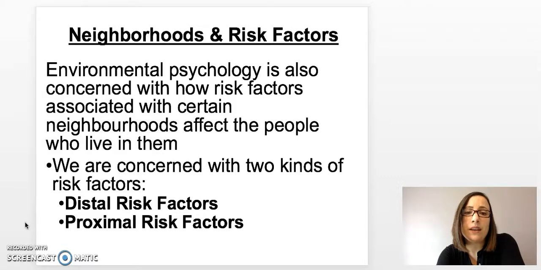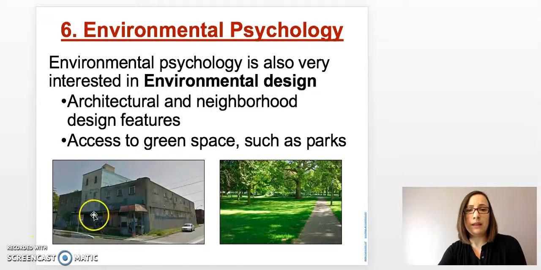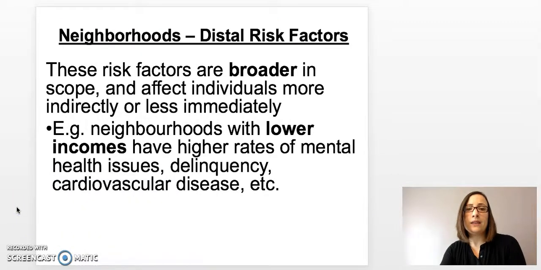Now, the two kinds of risk factors that you're seeing here at the bottom of this slide are distal and proximal risk factors. So a distal risk factor would be a risk factor that's a little bit broader in scope, would affect someone a little less directly or immediately. So what we know is that neighborhoods with lower incomes, neighborhoods that look a little more like this, right, generally have higher rates of mental health issues, and delinquency and crime rates are higher in these kinds of neighborhoods.